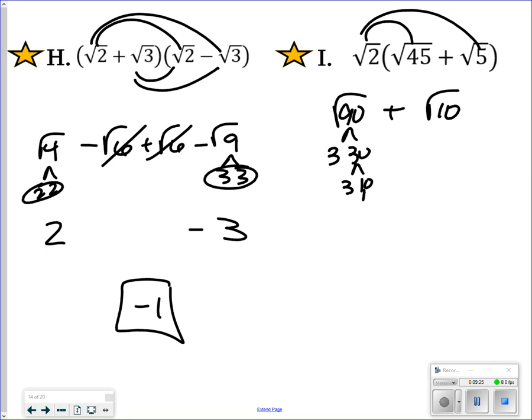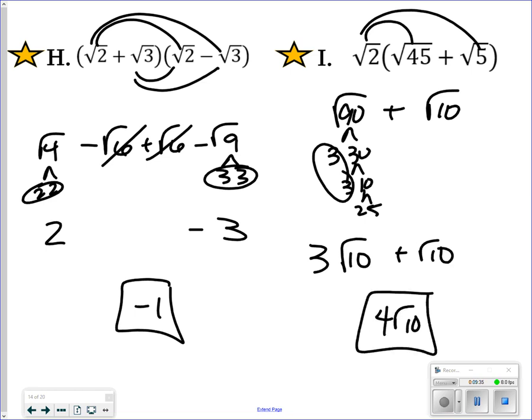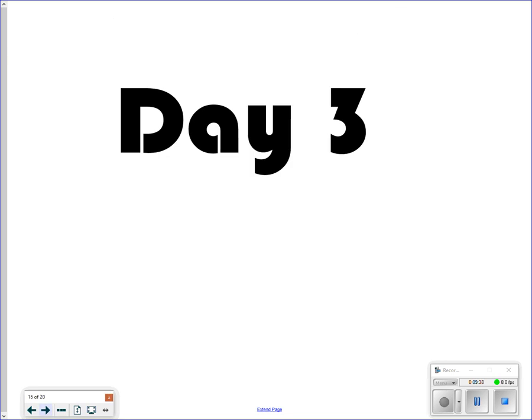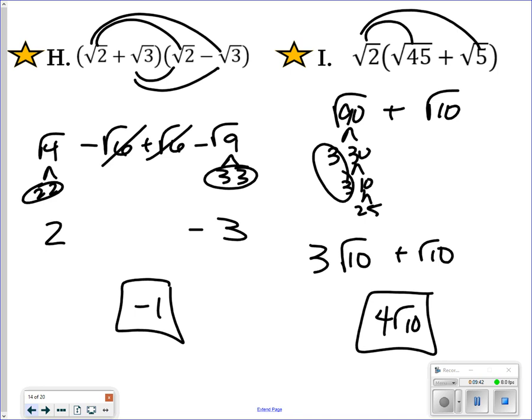Now, the square root of 9 can be broken down into just 3, and that's it. I can't add them together because they don't have the same radical. Adding and subtracting requires the same radical.